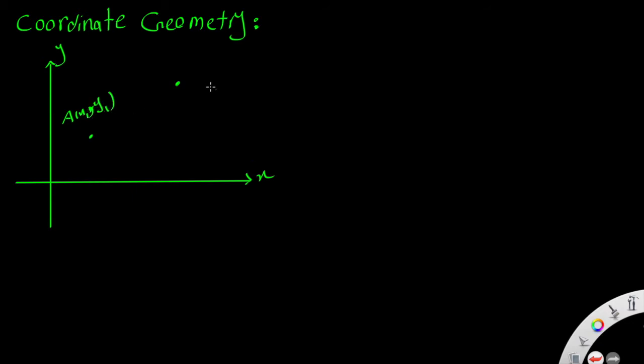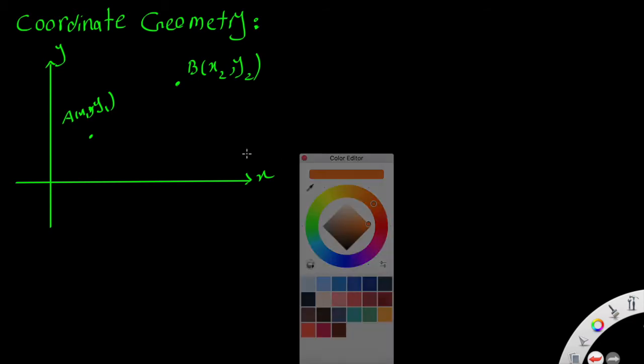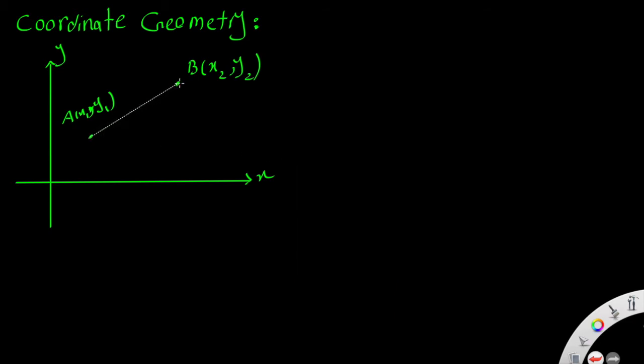Let x1 and y1 be the coordinates of point A and B of coordinates x2 and y2. Now I join them using a straight line to make a line segment AB. Now our aim is to find the length of AB.